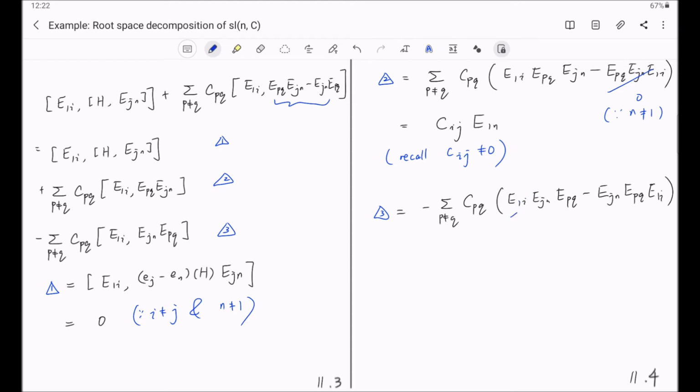The first part must vanish, no matter how you choose p and q, because here we assume that i is not equal to j. But the second part could be non-zero. It is non-zero if and only if p is equal to n and q is equal to i. So in the end, you will reduce this sum into just c sub n1 times E sub ji.